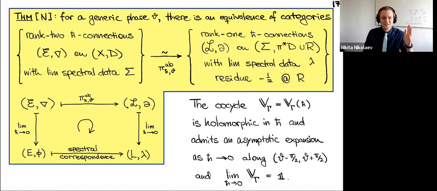So you could say, what does the Stokes graph do at H-bar equal to 0? It's sitting there. Why doesn't it affect the Higgs field in any way? And the answer is that, well, actually what affects my construction is the cocycle that encodes the Stokes graph. And the cocycle becomes trivial over the central fiber.